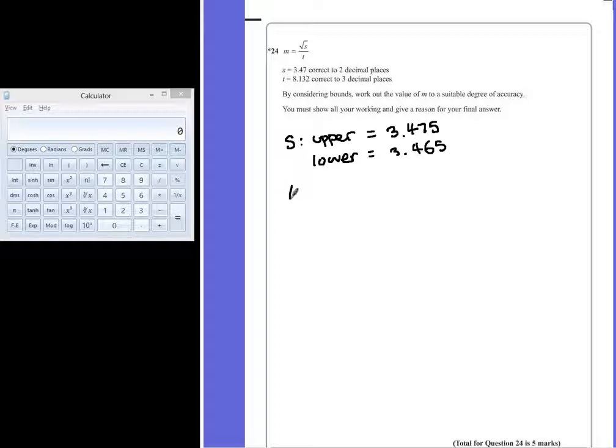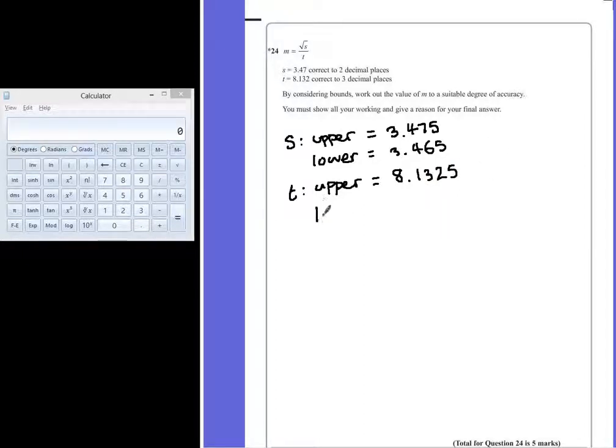Likewise, if we look at the letter T, the highest number this could have been would be halfway towards the next value. So instead of 8.132, we're looking for a number which is halfway towards 8.133, which would be 8.1325.